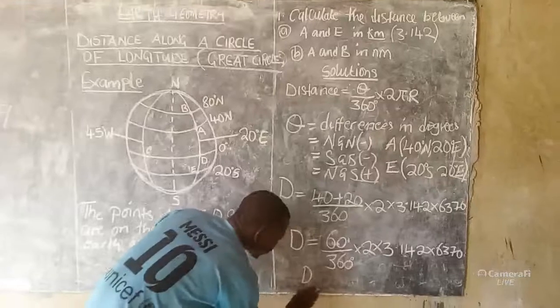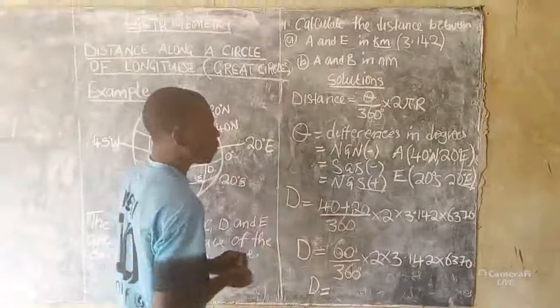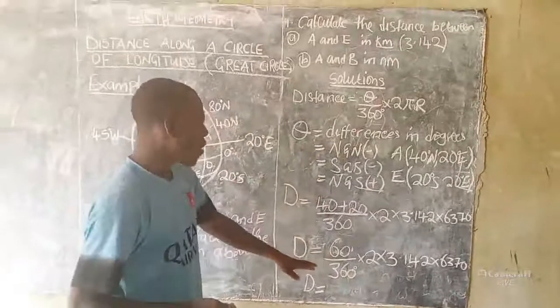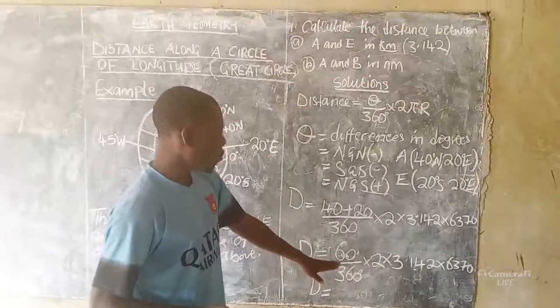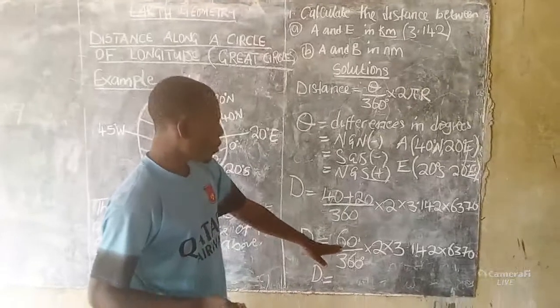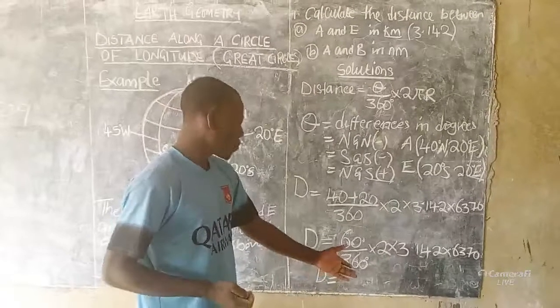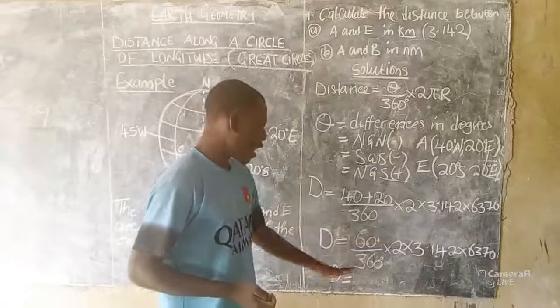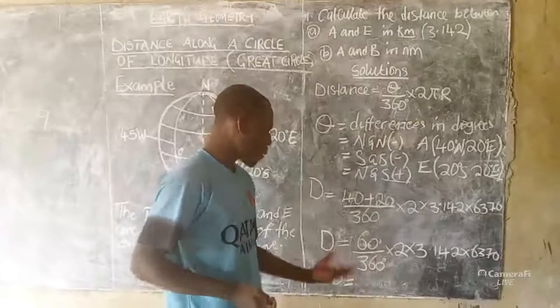When you punch everything with your calculator, what you have here is in kilometers, and this is common in most papers too.